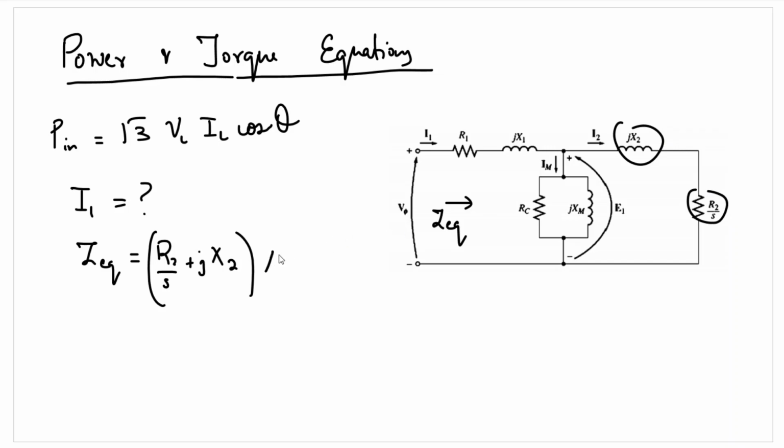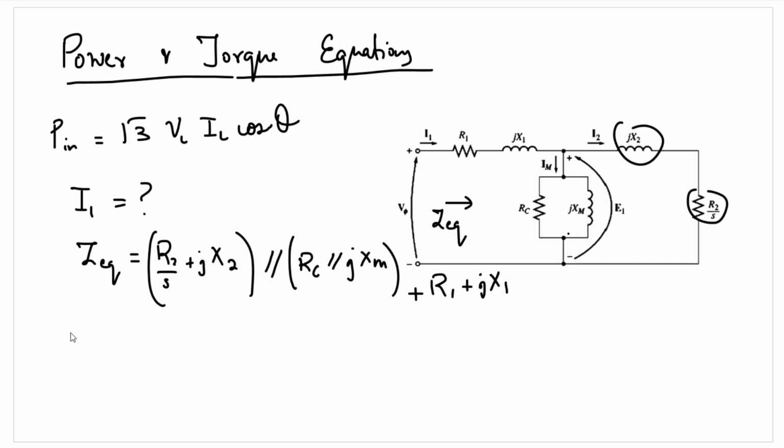They are in parallel with RC, which is also in parallel with j times XM. So R2 by S plus jX2 is in parallel with jXM, which is in parallel with RC, and the resultant will be in series with R1 plus j times X1. So this is the equivalent impedance of this circuit.